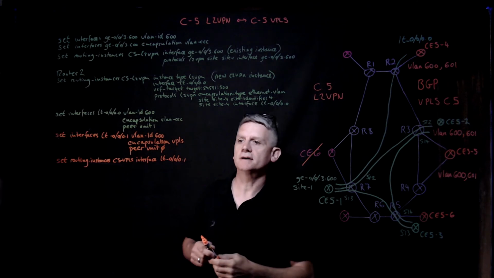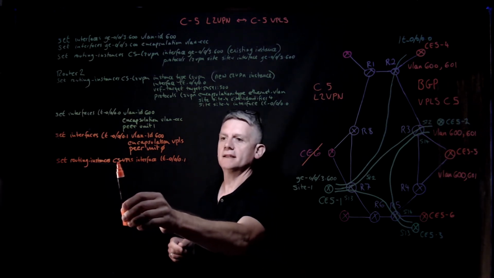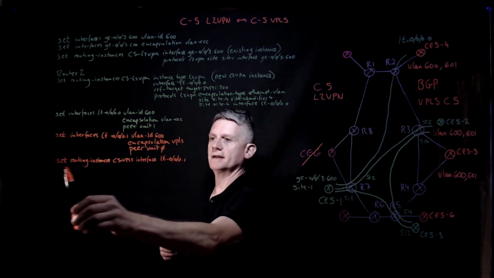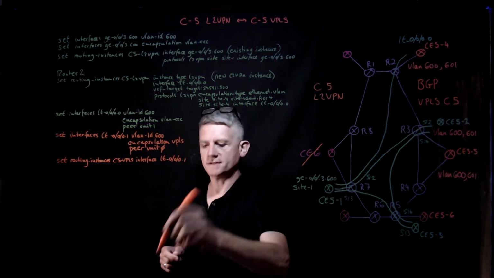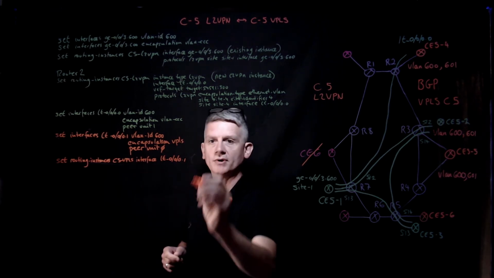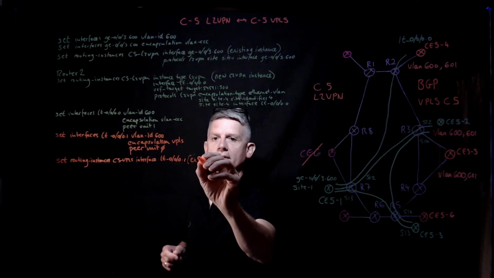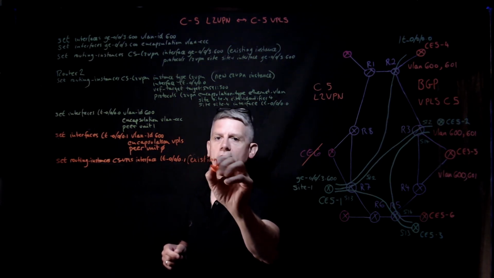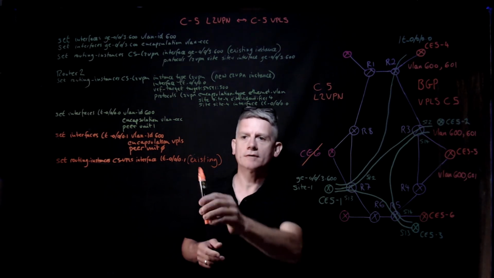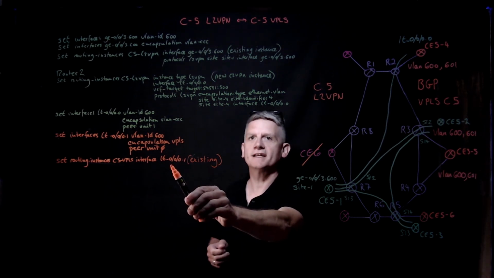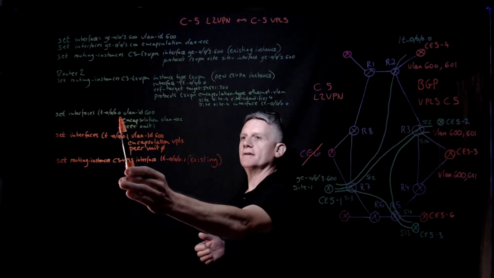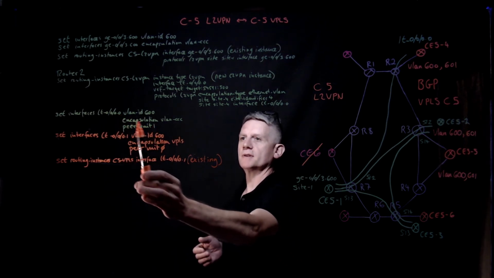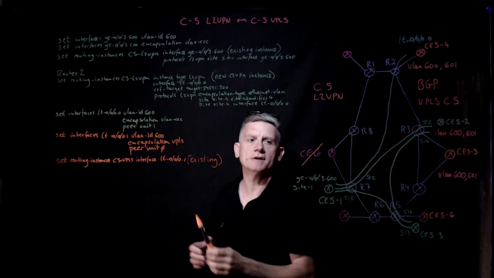Then the final part is that in the existing VPLS routing instance, which of course is existing, we have to make sure that we put the new logical tunnel interface. And then that's what's going to do it. This idea of unit 0 pairing with unit 1, unit 1 pairing with unit 0.